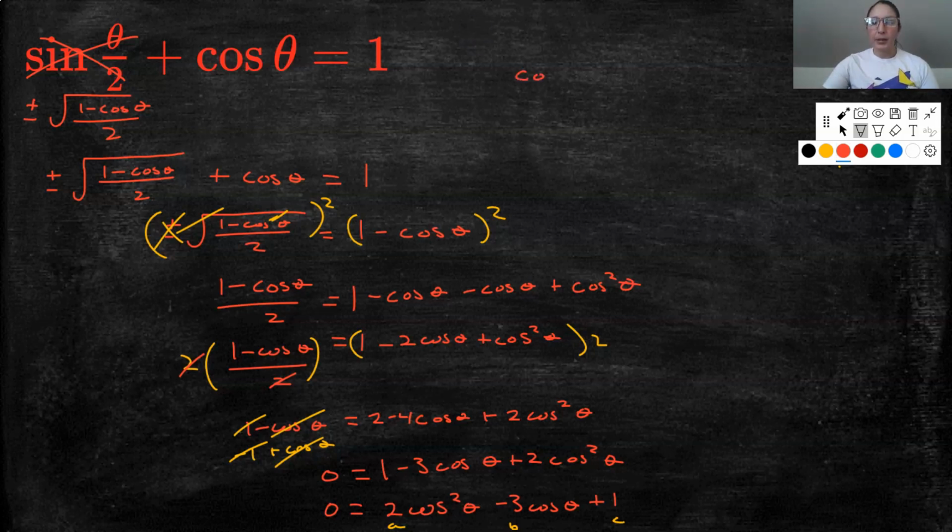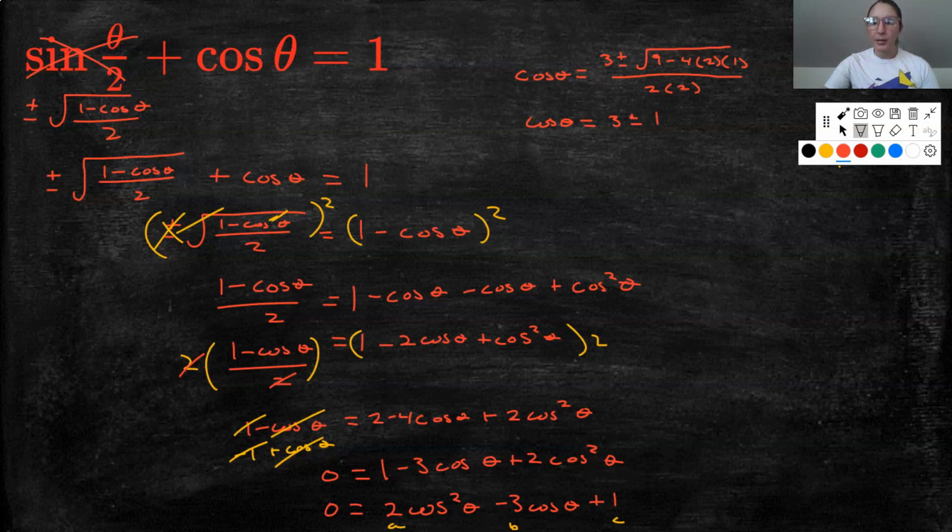So we have cosine theta then is equal to negative B, so that'd be positive 3 plus or minus the square root of B squared. Negative 3 squared is 9, minus 4 times A times C. All of this is over 2 times A. So cosine theta is equal to 3 plus or minus the square root of 9 minus 8, which is 1.